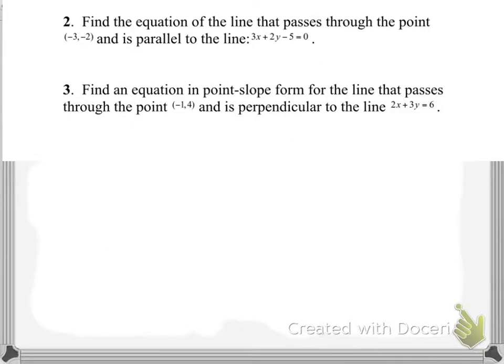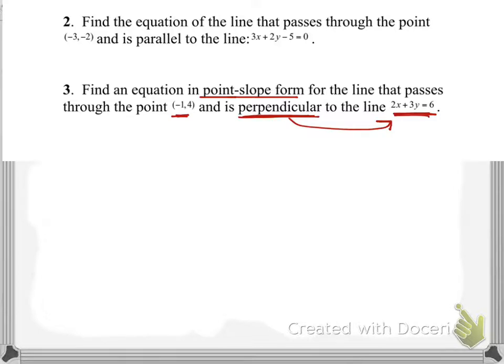Okay, in this question, it says find an equation in point-slope form, that's our favorite form, for the line that passes through this point, and now, careful, careful, perpendicular to this line. Okay, so we're going to get the slope from this line, but it's going to be the negative reciprocal of whatever slope I get when I rearrange the line 2x plus 3y equals 6.